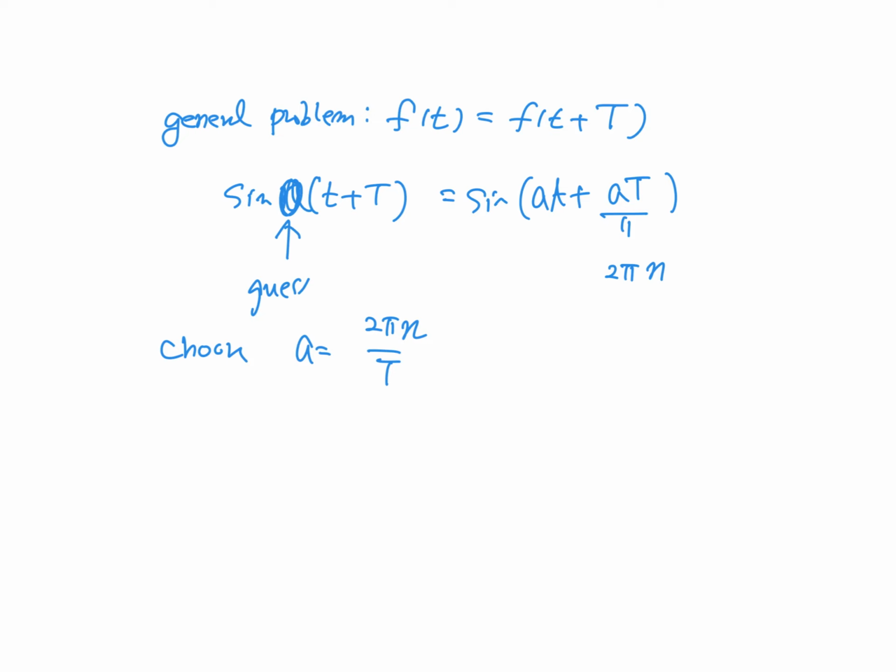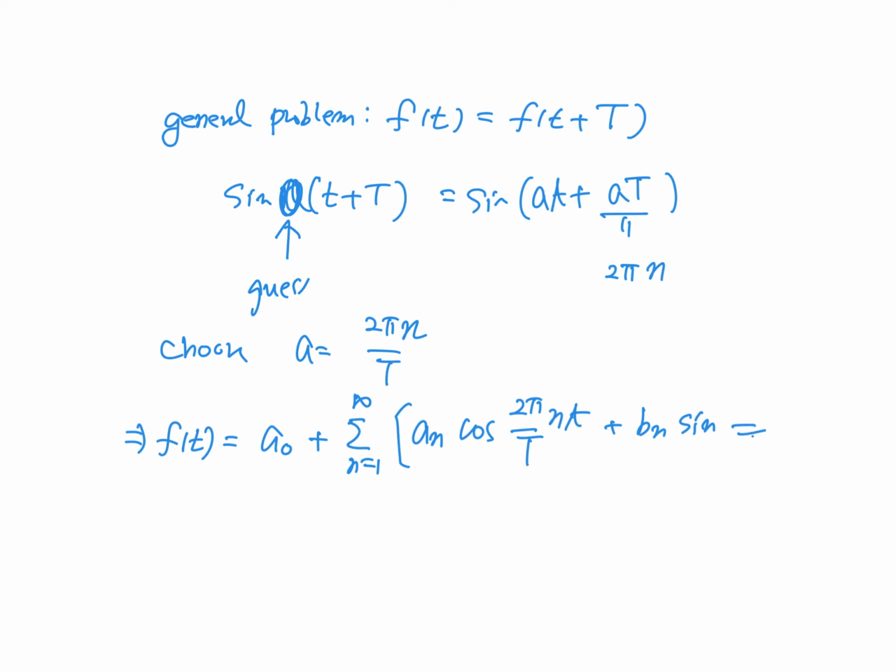So that gives f(t) same as before, except expanding in terms of cosine 2 pi n t over T plus b_n sine 2 pi n t over T.